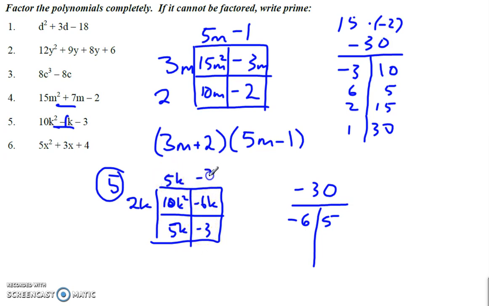This gives me negative 3 between the 2, and here I just have 1. So my solution, and then we check it when we multiply. Alright, looks good. So 2k plus 1 times 5k minus 3. That is factored.